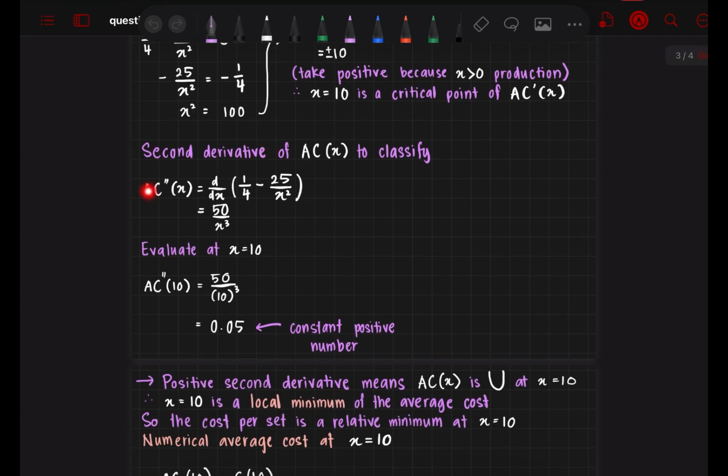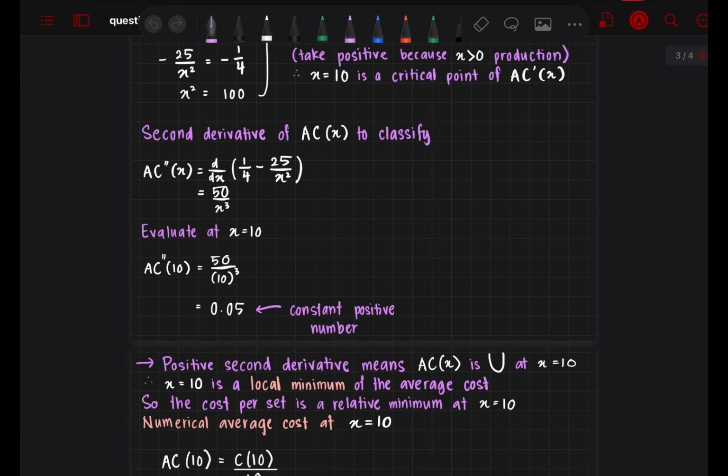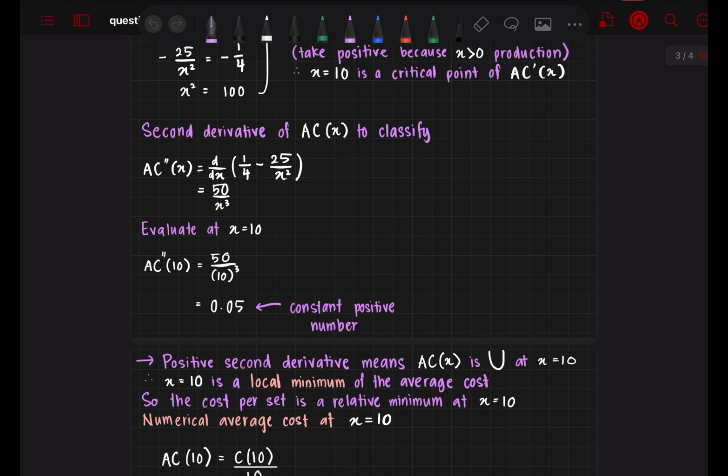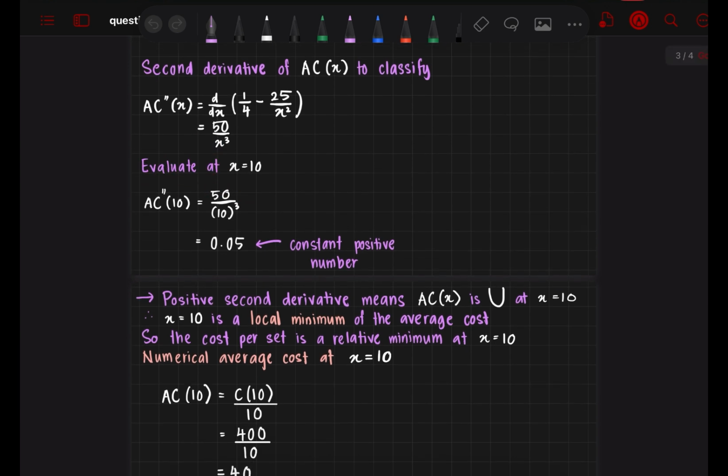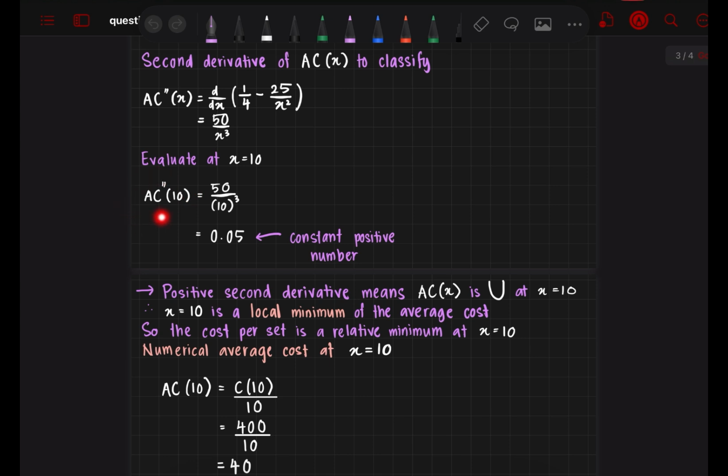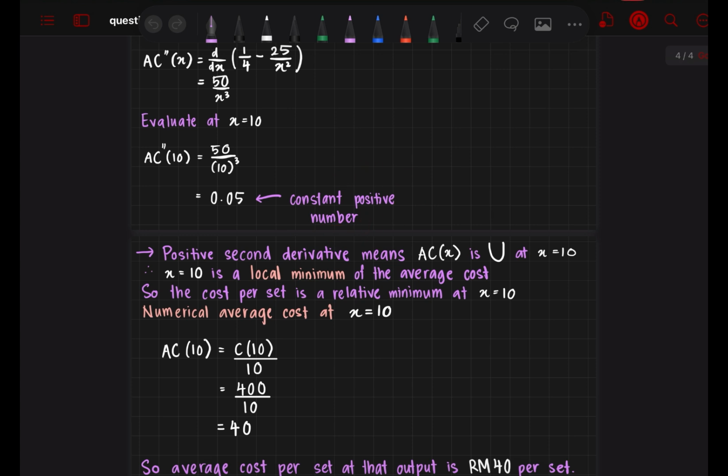For the second derivative of AC(x), to classify, AC double prime x is 50 over x cubed. So we evaluate at x equals 10, and we get AC double prime 10 equals 0.05, a positive number.